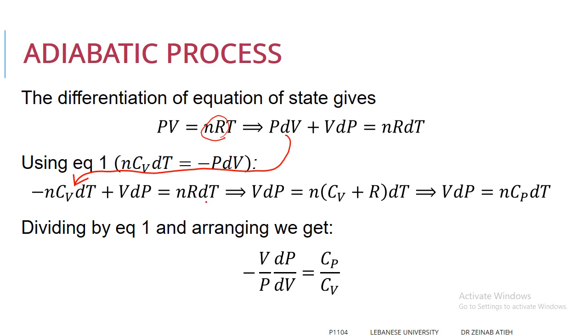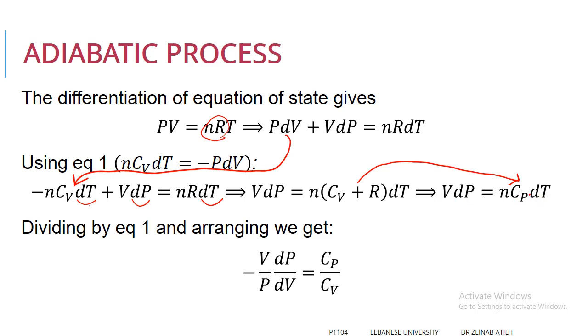Notice that now in the equation I've got dT, dP, dT, so I have only two variables, which are T and P. So let's arrange the T's together. I will get n(Cv plus R) dT equals VdP. I will replace Cv plus R with Cp, so I will get VdP equals nCp dT.